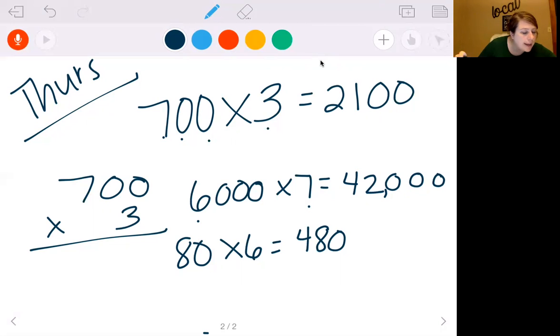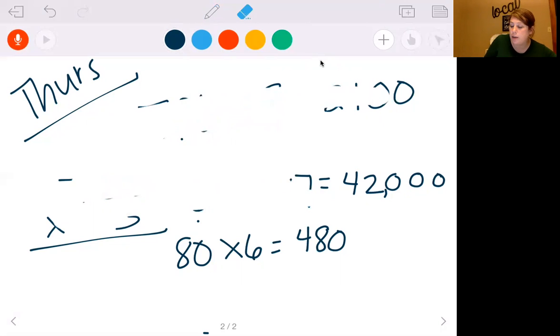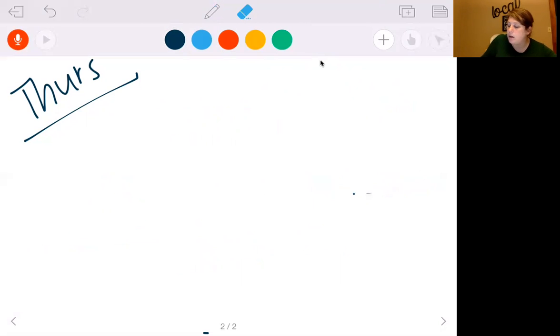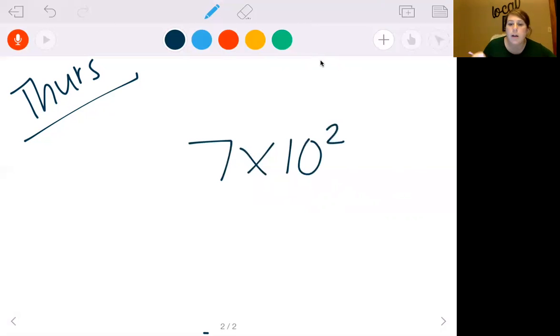Let me go ahead and give you one. You're not going to have one like this today, but I'm going to show you how you would solve one like this should you come across it in homework or anything like that. So if you get one like this, 7 times 10 squared. We did this at the beginning of the year, so remember these.